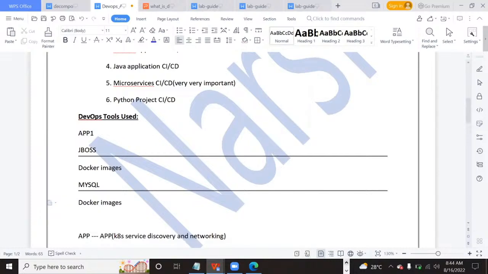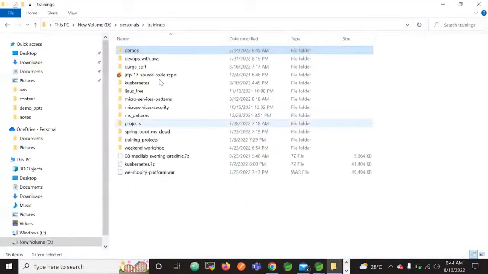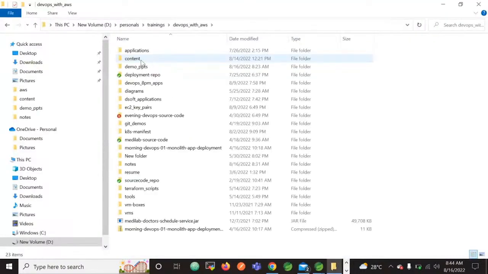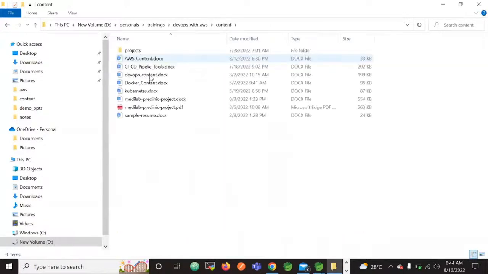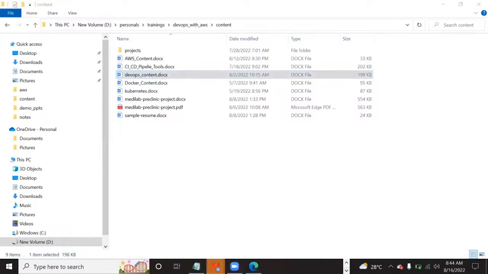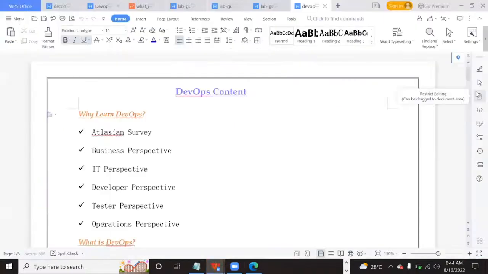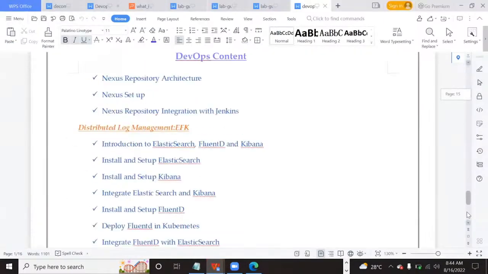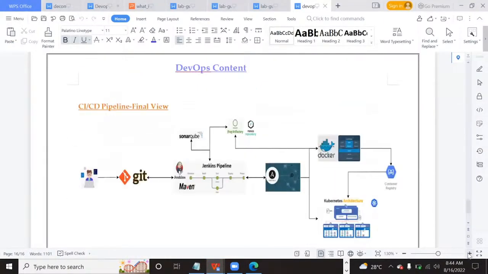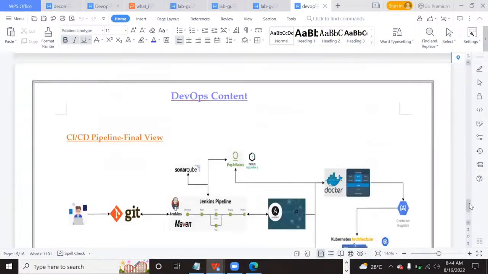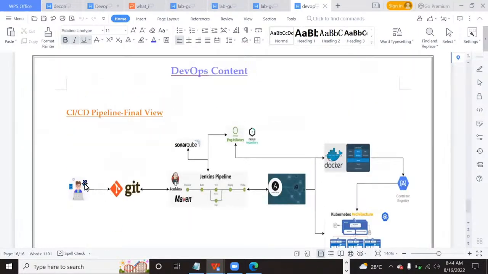Now, how will we automate? Let me showcase the DevOps course content. In the DevOps course content, I have drafted a pipeline flow. Let me showcase that pipeline flow. So scroll down. This is the pipeline flow we will do. Each and every application code will be inside this Git repository.